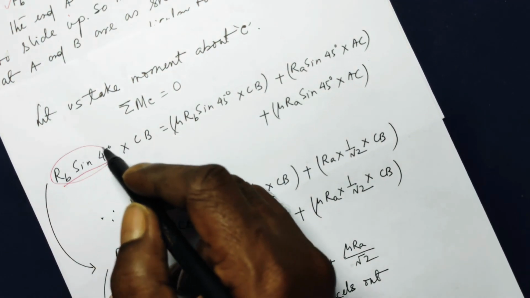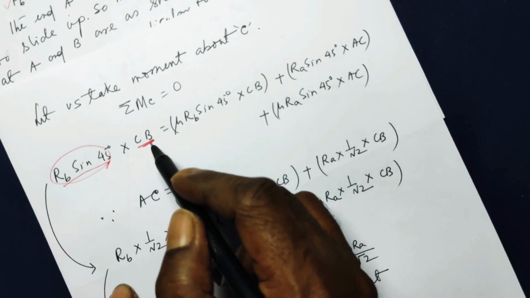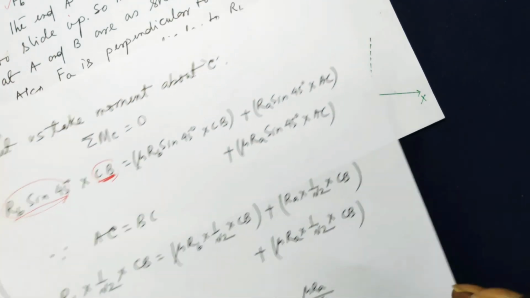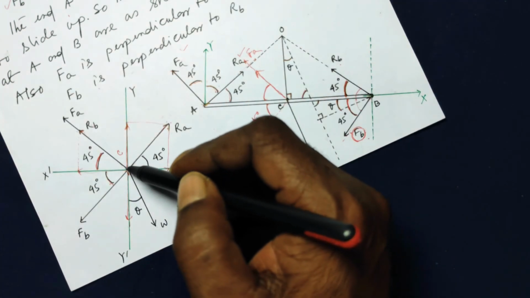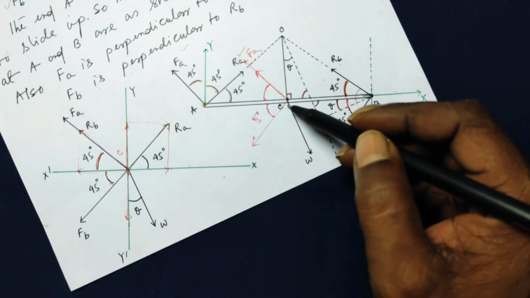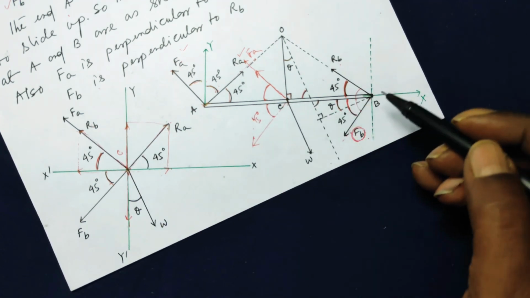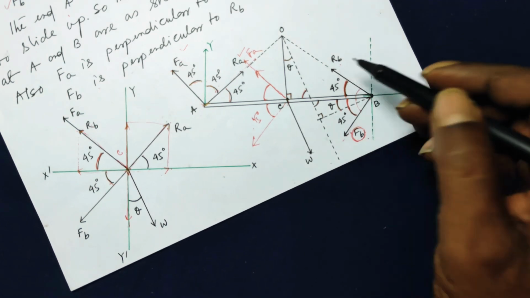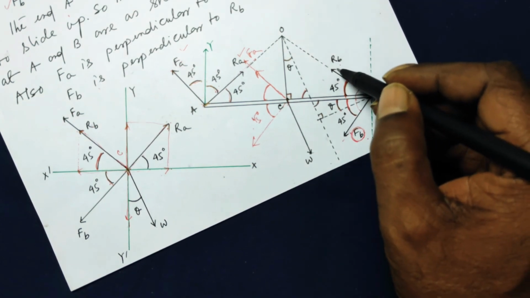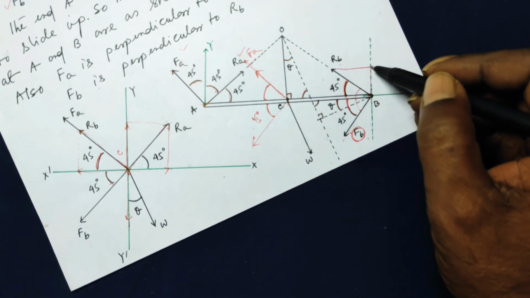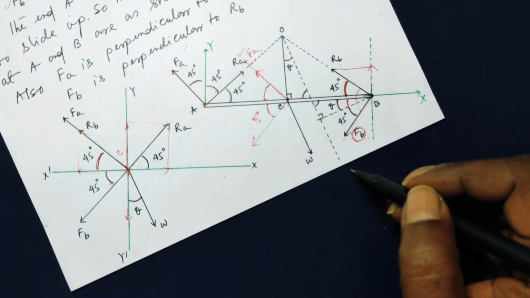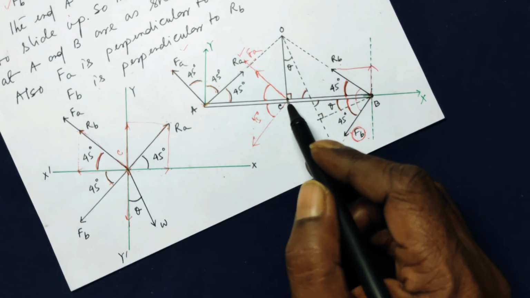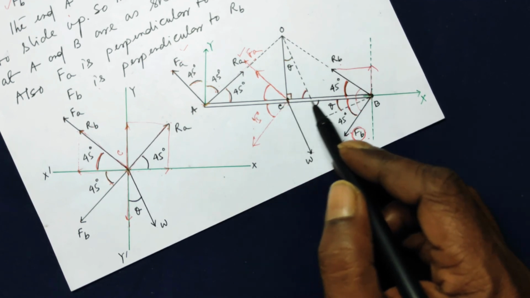RB sine 45 is at this perpendicular distance from C. RB is actually here. If you drop a perpendicular, this is your RB sine 45, and from the point C it is at a perpendicular distance CB.